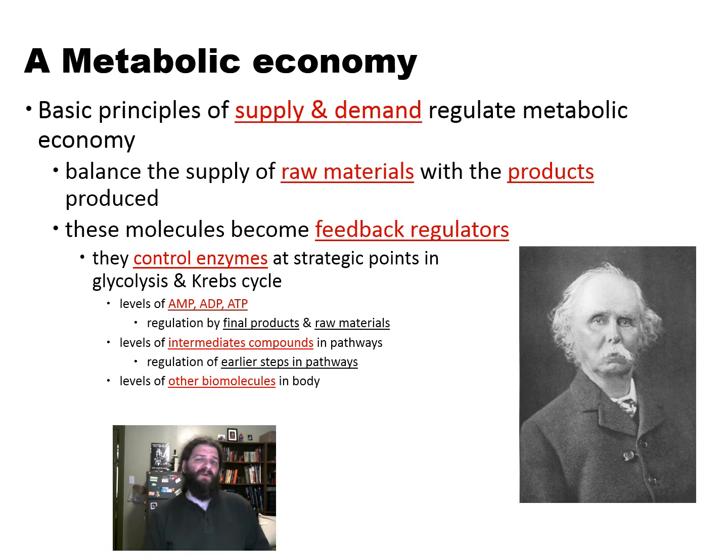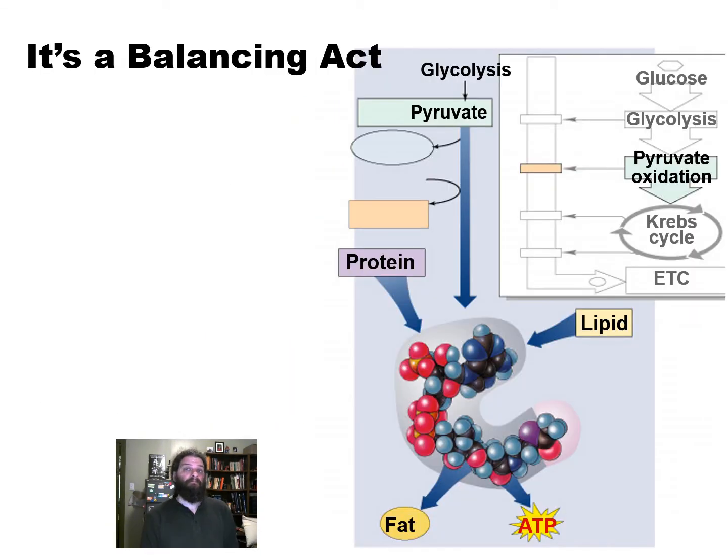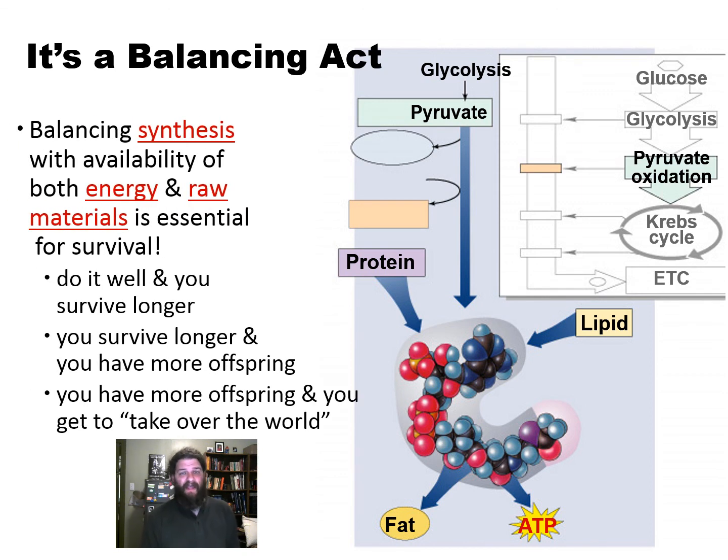Also, those other intermediates like citrate are controlling phosphofructokinase and other enzymes as well. And we're finding more and more about other biomolecules outside of the pathway that have some influence, like leptin has an influence on lipid metabolism. And that's the essential balancing act that acetyl coenzyme A and phosphofructokinase and ATP and citrate and all the other cast of characters have to pull off.